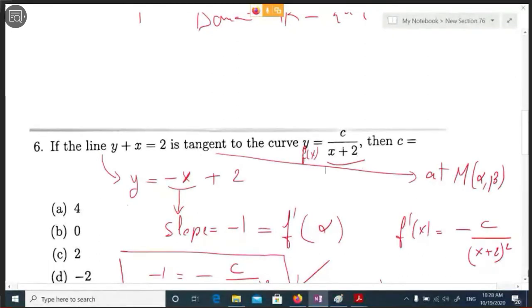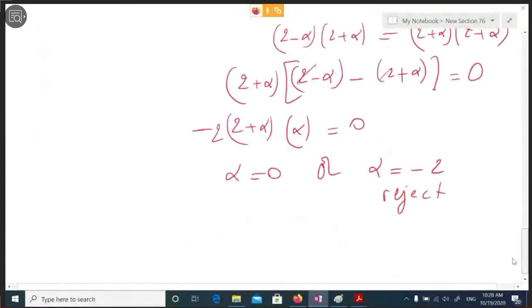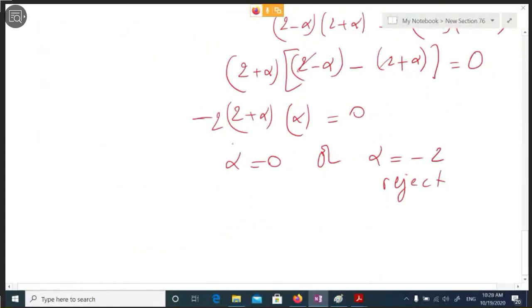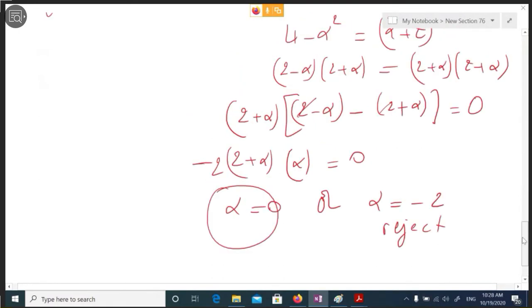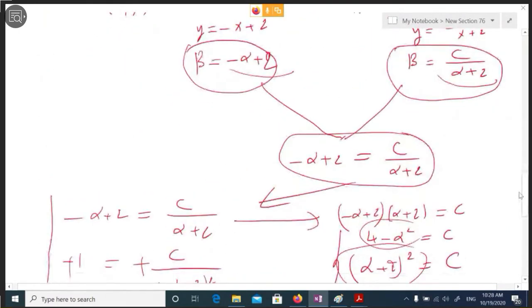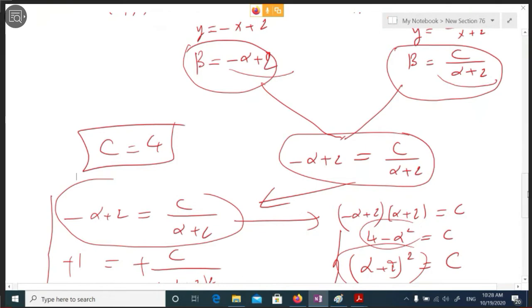So you keep only alpha is equal to 0. After that, you replace alpha by 0 and you get C is equal to 4. That's it. This is the answer.